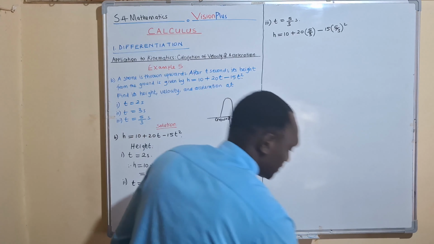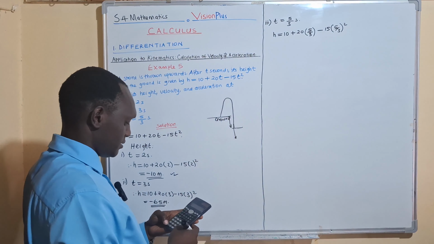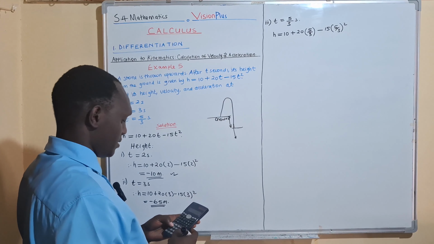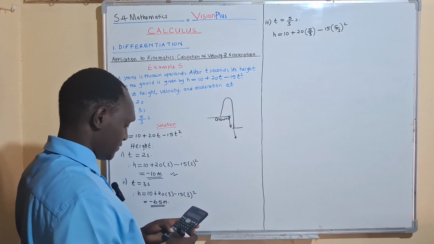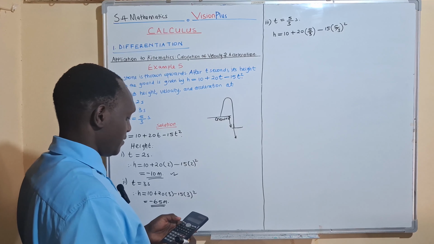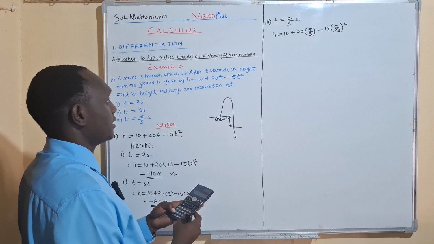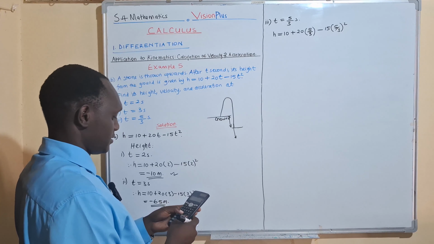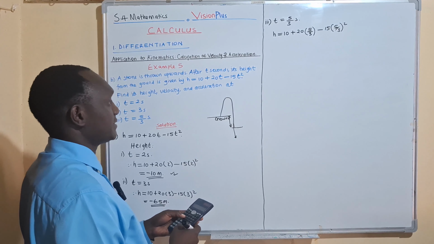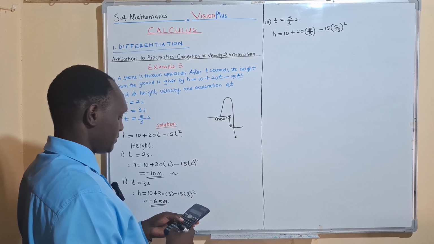Then we press the calculator and get that value of h. 10 plus 20 times 5 divided by 3 minus 15 times 5 squared divided by 3 squared.